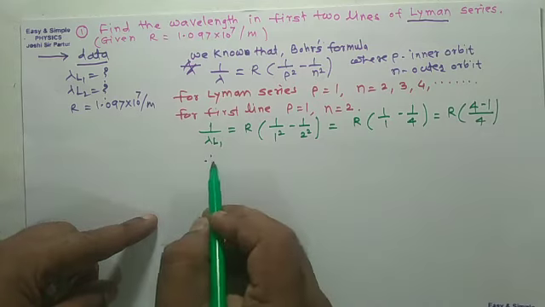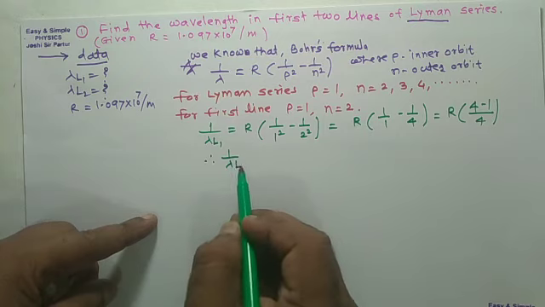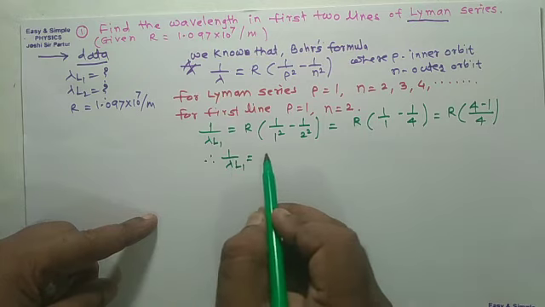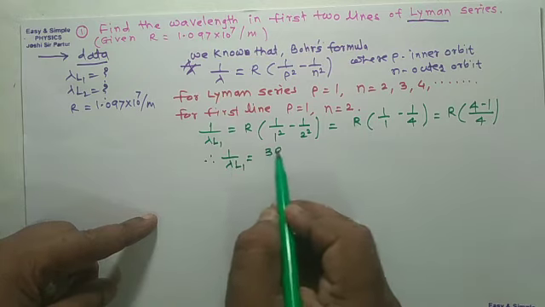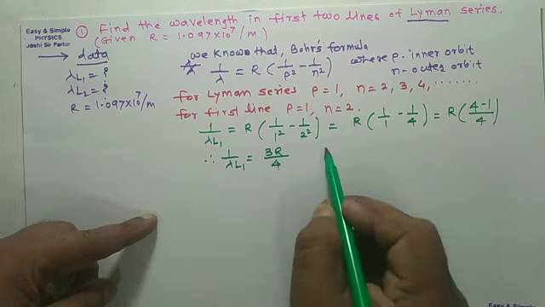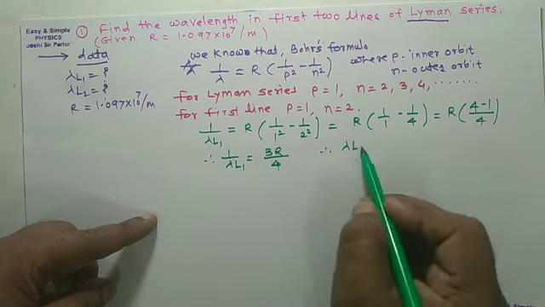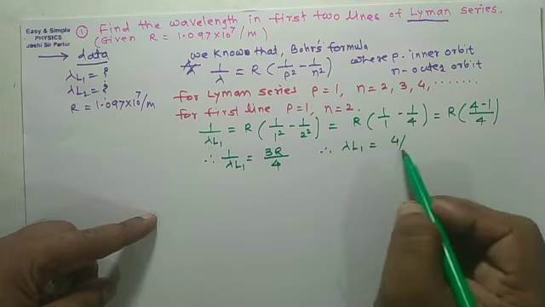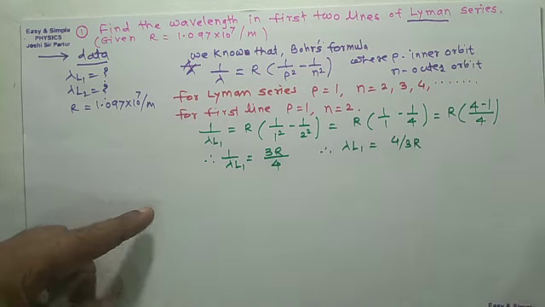So therefore 1 upon lambda L1 is equal to 3R upon 4. So lambda L1 is equal to 4 upon 3R.